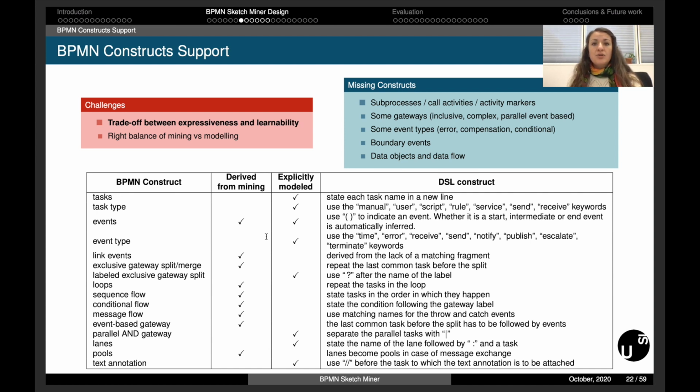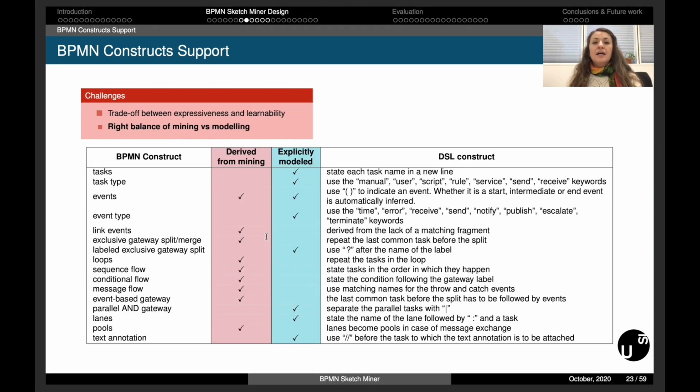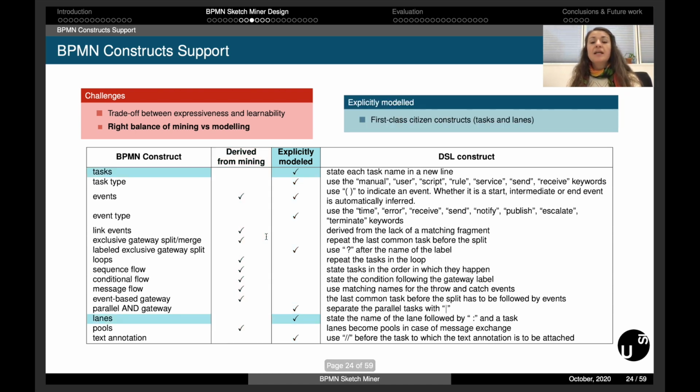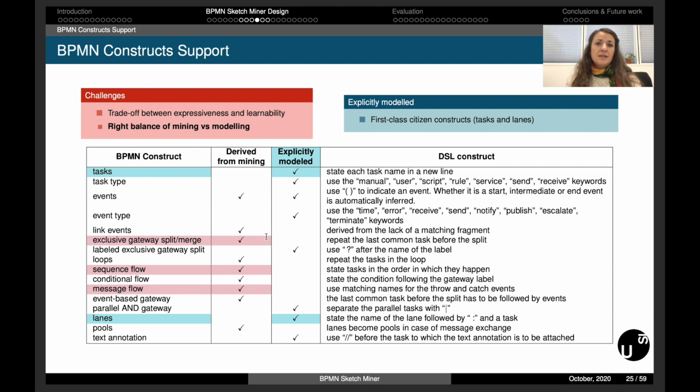When it comes to the balance between modeling and mining, of course, we had to ask the user to explicitly model the first-class citizens constructs that are the tasks and lanes. But then we tried to have the rest of the basic constructs derived by the mining algorithm, such as the exclusive gateways, the sequence flow, message flow, and etc.